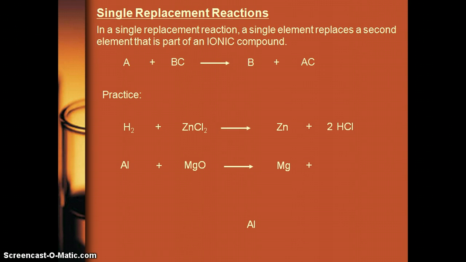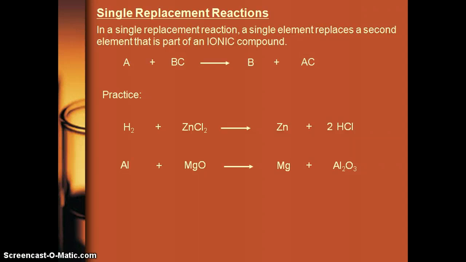So you have aluminum, which has a +3 charge, and oxygen, which has a -2 charge. Aluminum is one of those metals that always has the same charge, so it has aluminum +3, and oxygen is always -2. So you have aluminum 2, oxygen 3.